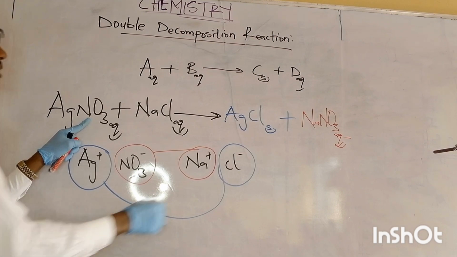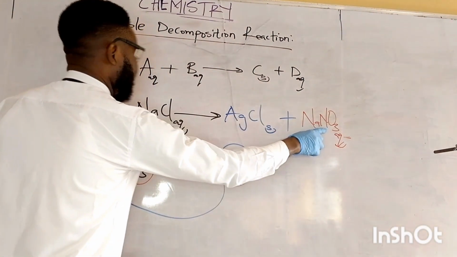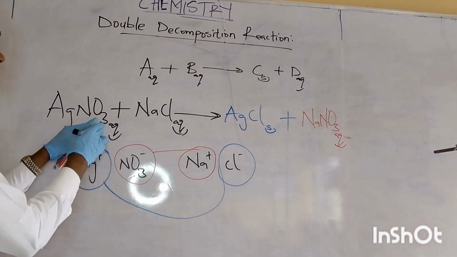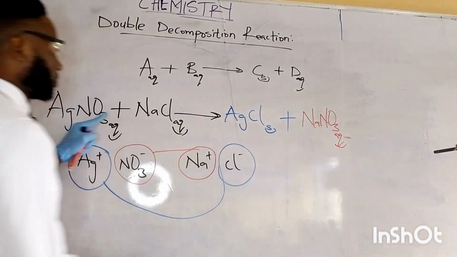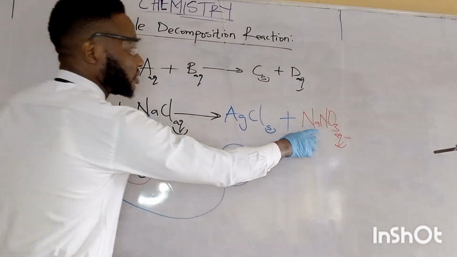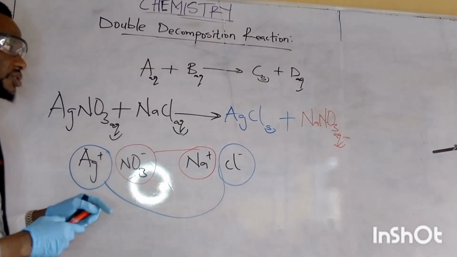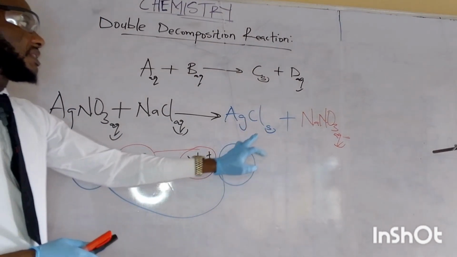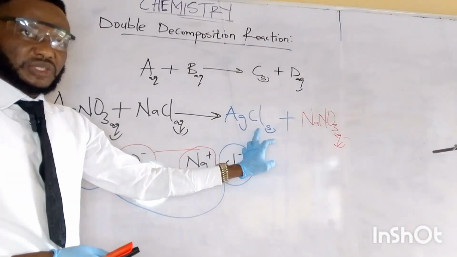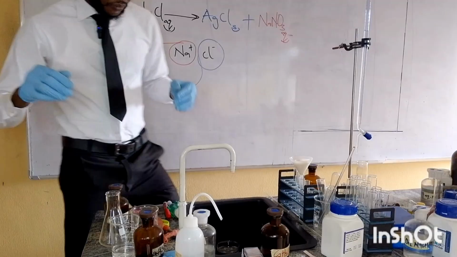Nitrogen is 1 here, nitrogen is 1 here, there's N here, NO3. Oxygen is how many? 3, 3. Sodium is 1, sodium is 1. Chlorine is 1, chlorine is 1. The equation is balanced. So this one is the insoluble. This one is soluble.